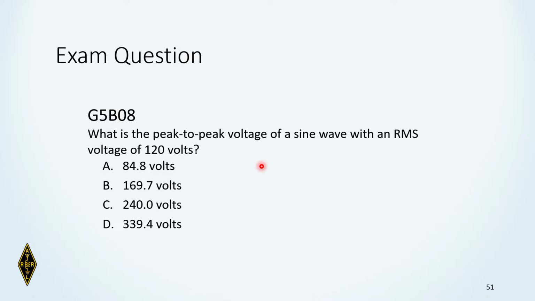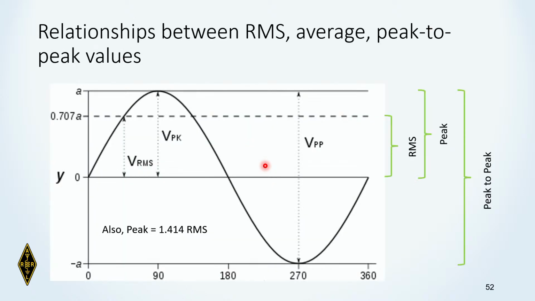What is the peak-to-peak voltage of a sine wave with an RMS voltage of 120 volts? That's our wall socket example that we did. Delta. Right, yep. First of all, we have to convert it to peak and then double it. And again, just so you see the relationships.